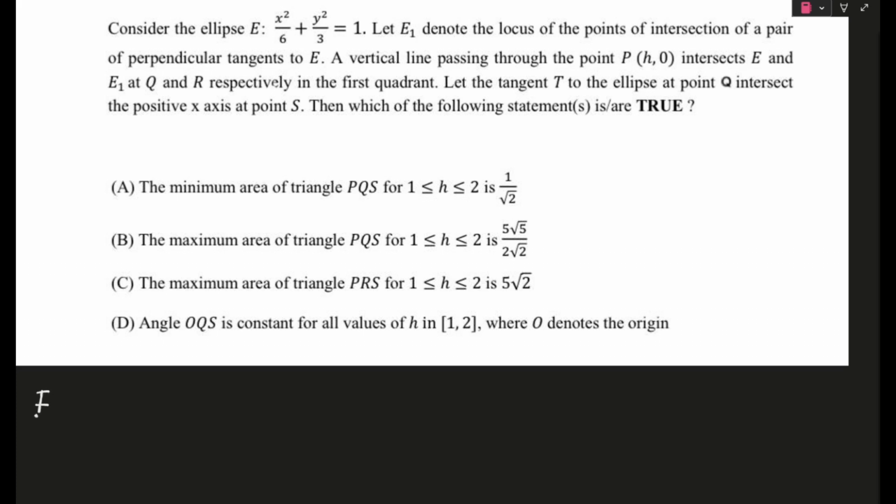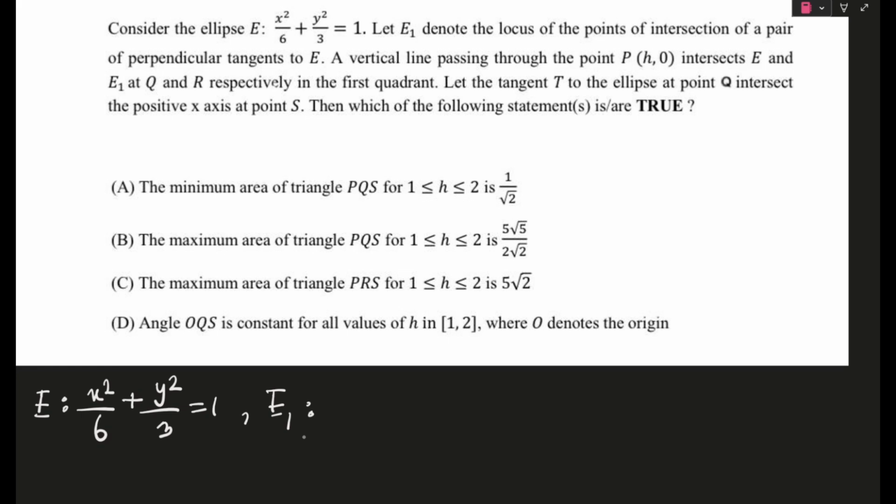So basically I will write that first. Our ellipse E is given as x square by 6 plus y square by 3 is equal to 1. Now E1 denotes the locus of the points of intersection of a pair of perpendicular tangents to E. From our theory, we know that the locus of the points of intersection of a pair of perpendicular tangents to any ellipse is the director circle of that ellipse.